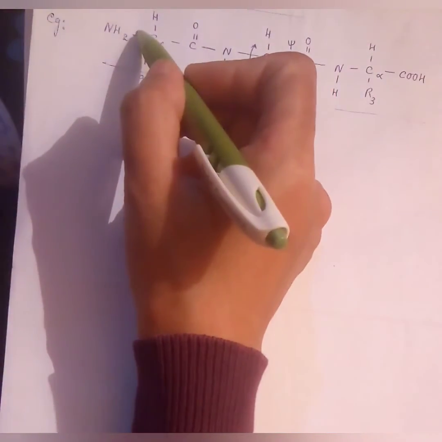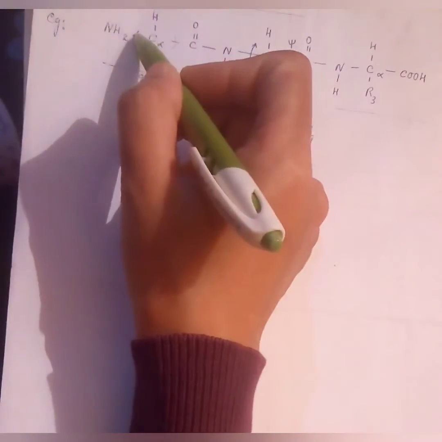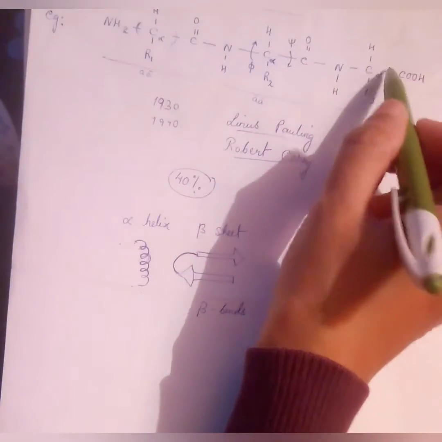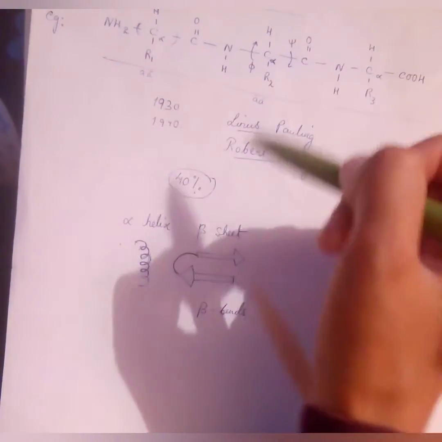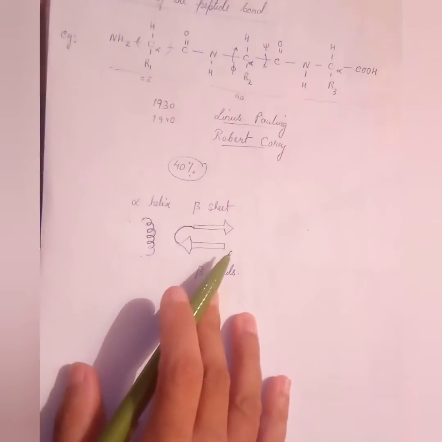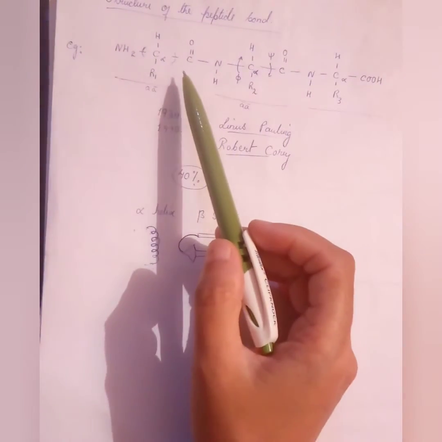Instead, the amino acid can rotate only at these angles, phi and psi. So rotation is possible only at these bonds because they are single bonds. So I hope that is clear, okay?